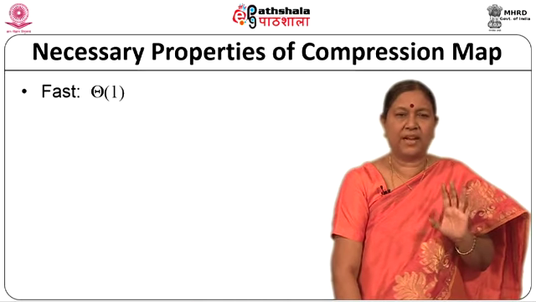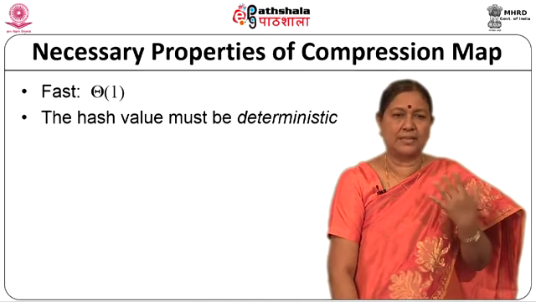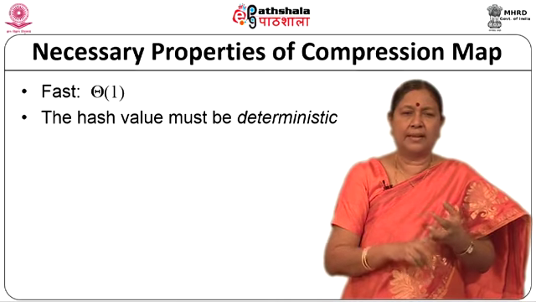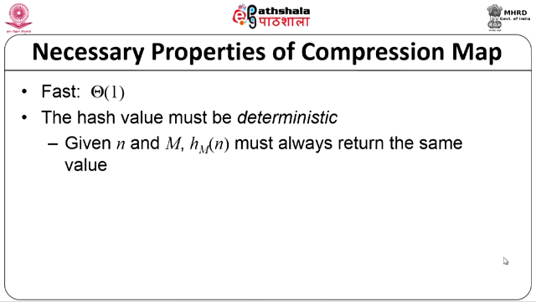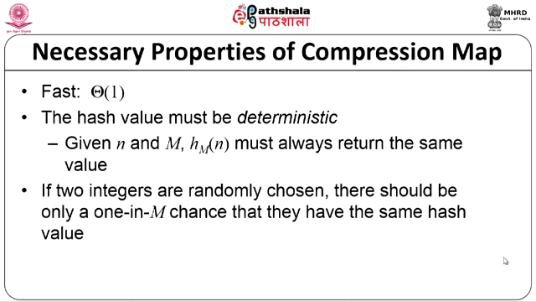So, again it should be fast, and it must be deterministic, same thing. So, for an integer n and table size m, h of n must always return the same value, that is the meaning of deterministic. If two integers are randomly chosen, there should only be a 1 in m chance that they have the same hash value, the same thing that we said before with I as the integer representation.